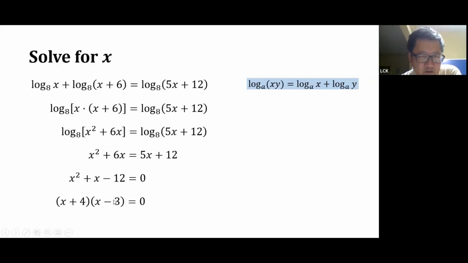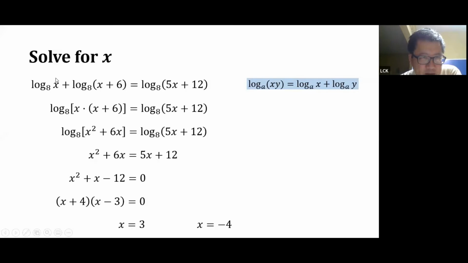So when you solve it by the method of factorization, you have x plus 4 times x minus 3. And that gives you the answer x equals 3 from here and x equals minus 4 from here. Now, when you see answers like that, you immediately can strike the minus 4 out. How come I'm so quickly able to do that?